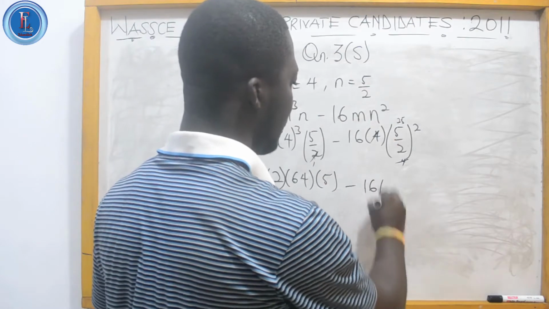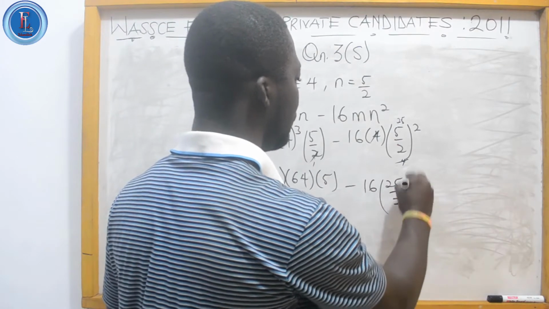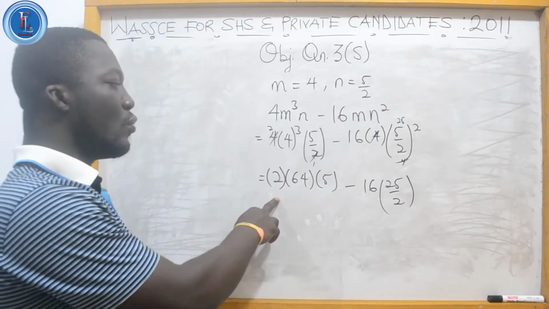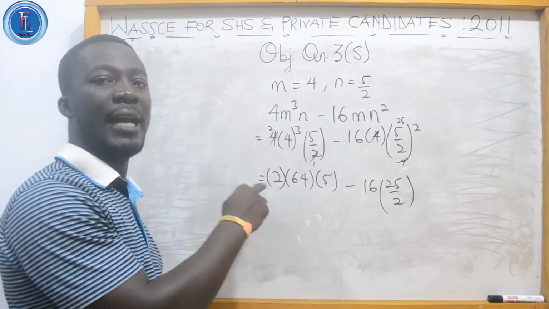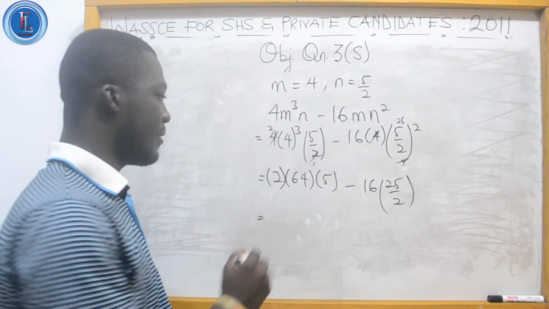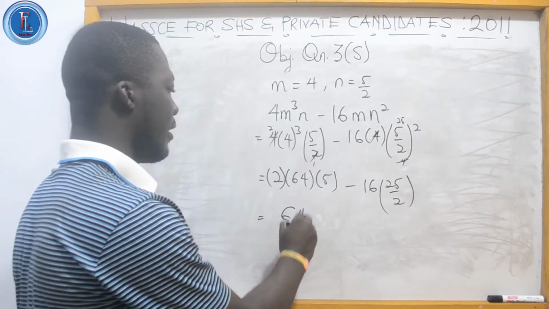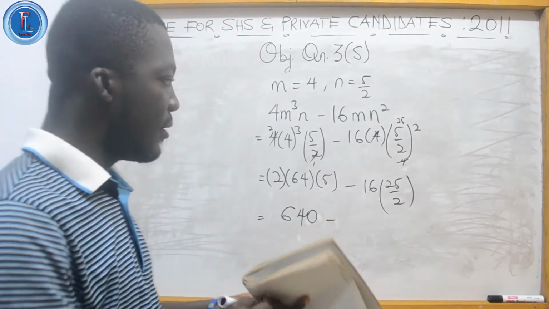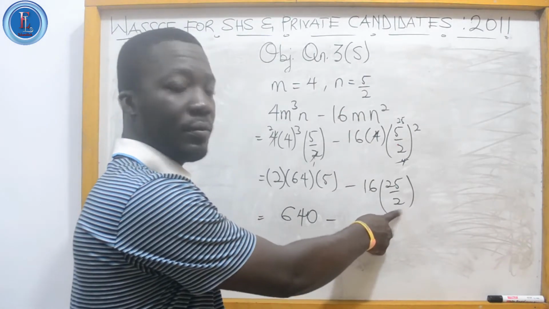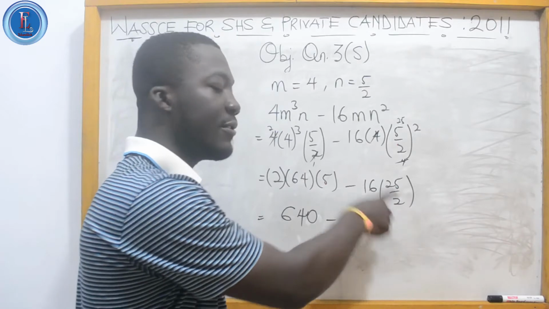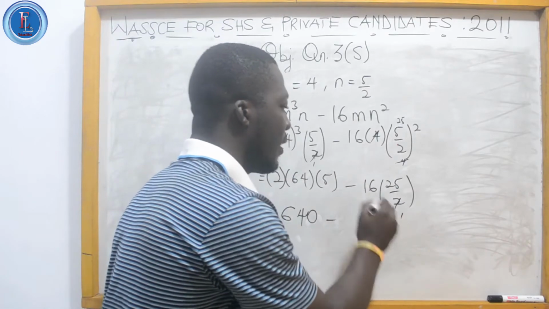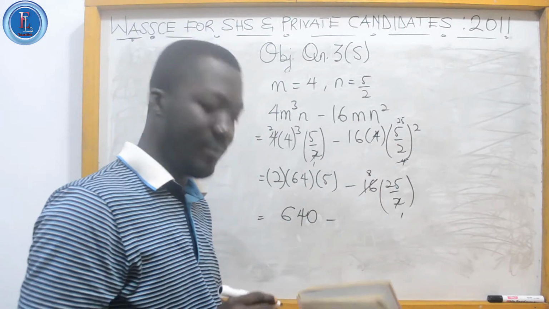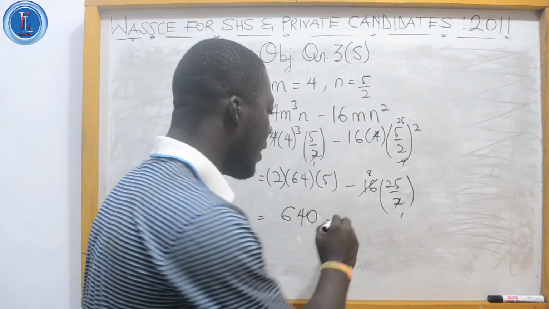multiplying 25 out of 2. 2 multiplied by 64 and by 5 will give us 640 minus this 16 and 2. 2 is a factor of 16, so 2 can cancel itself once, and we'll go into 16, 8, and 8 times 25 is 400.